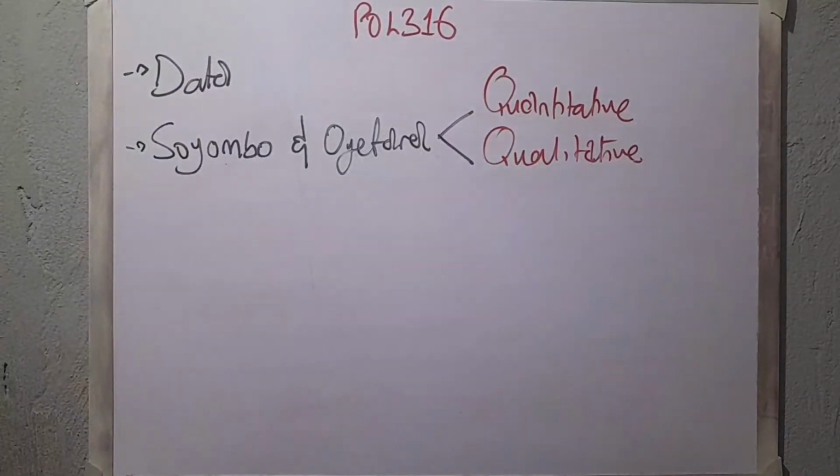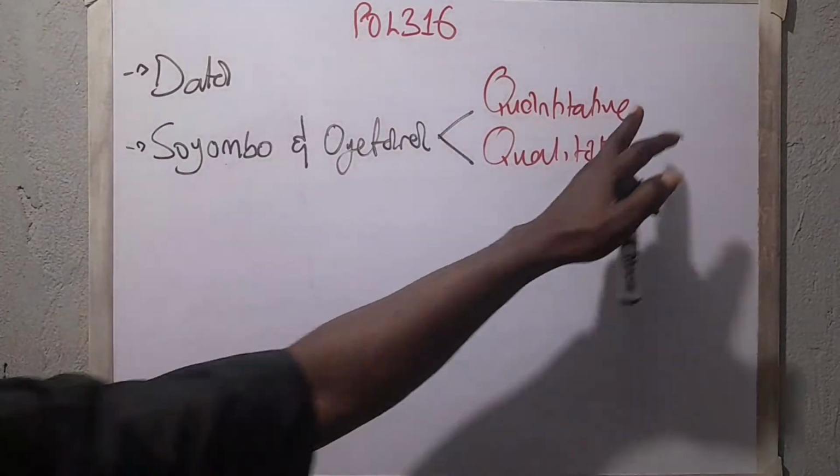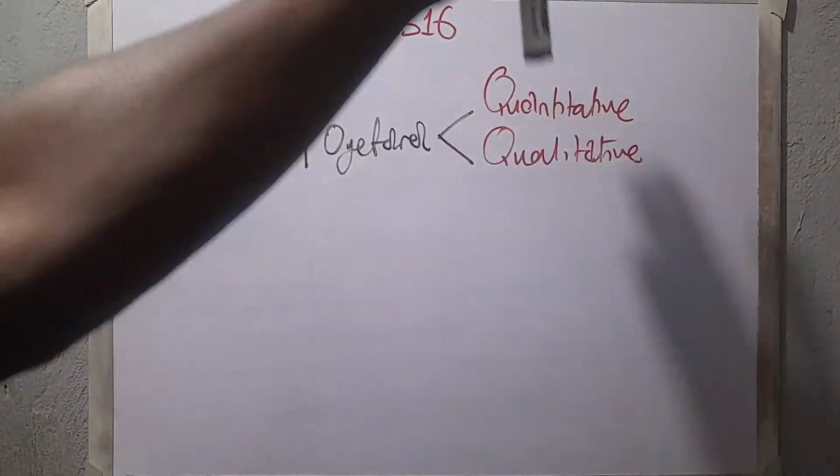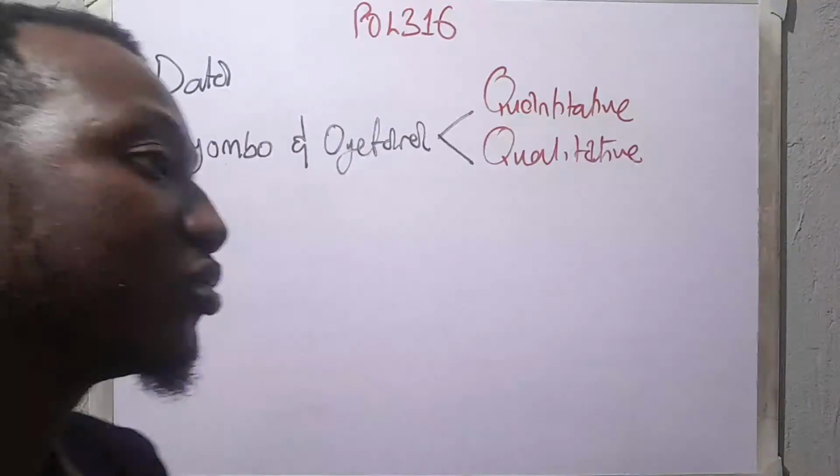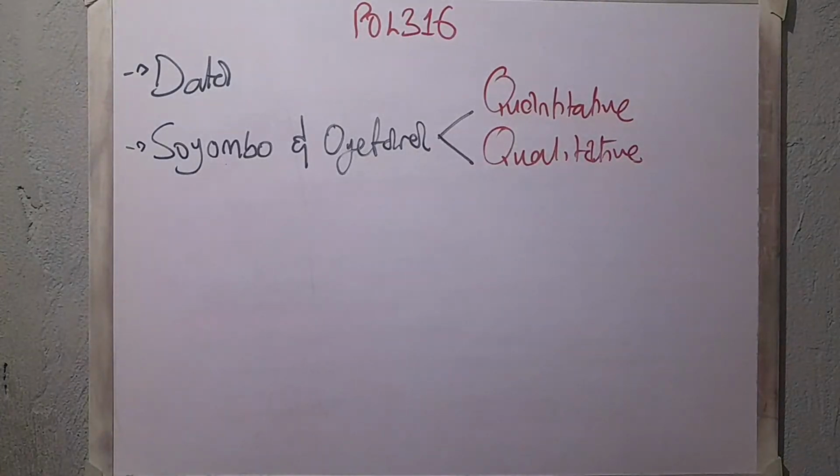We talked about this earlier before now. Remember what I said. When we talk about quantitative and qualitative, quantitative here is measurable. It has to do with figures, numbers. But qualitative here has nothing to do with figures or numbers.